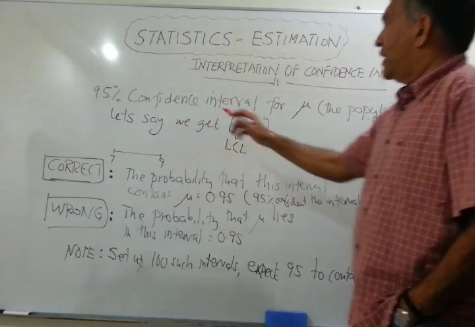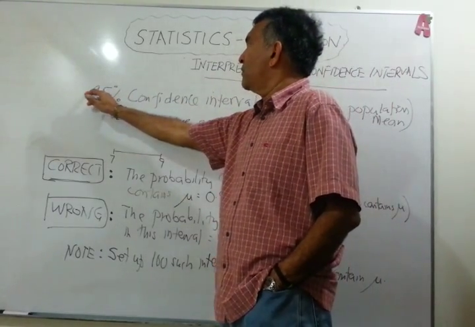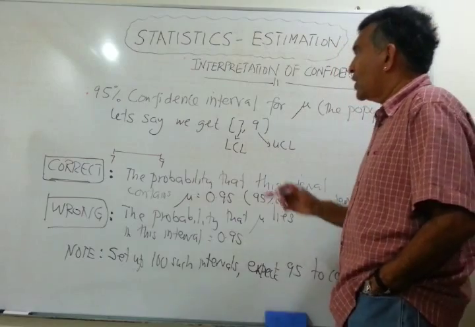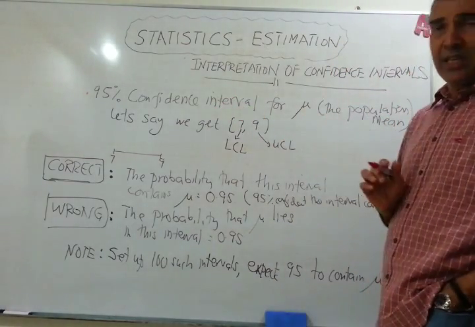So here I've made a few remarks. First, let's say that we are talking about the 95% confidence interval for mu, the population mean.